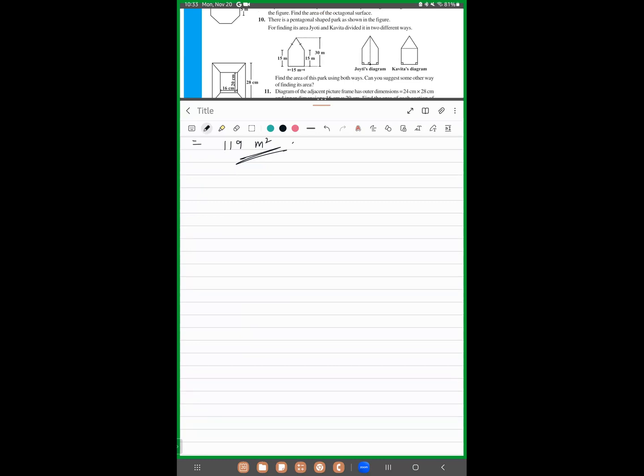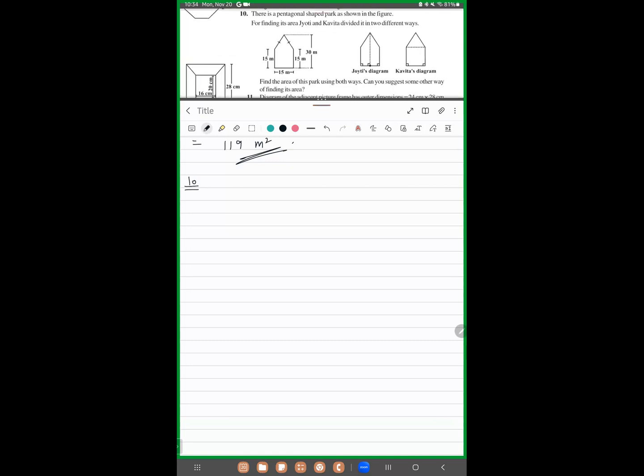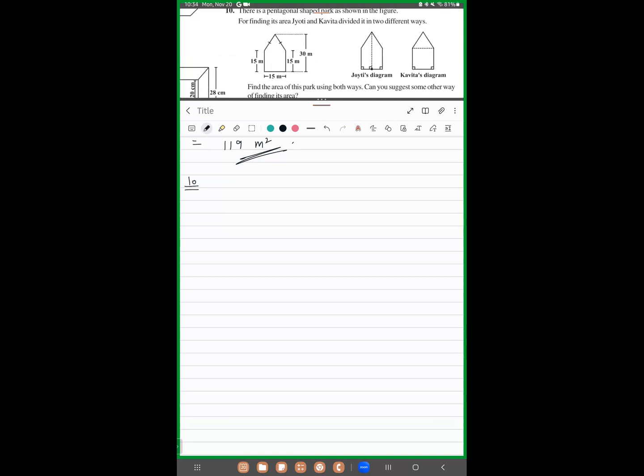So look at both the ways. What is the difference between Jyoti's way and Kavita's way? Jyoti cut it in half, I guess.